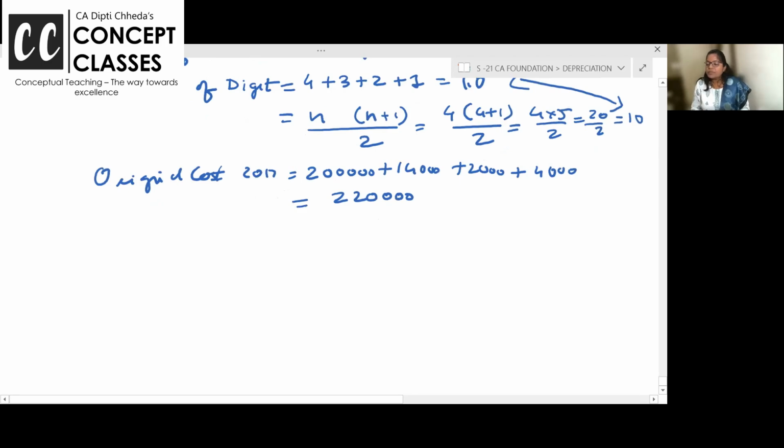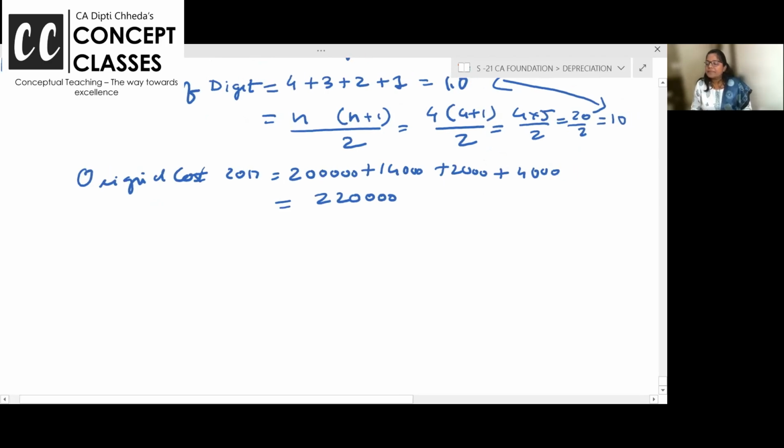Clear आप सबको? Right. Now let us see how we are going to depreciate. I was just seeing if there's a scrap value also. Yes, scrap value also they have given, 20,000.